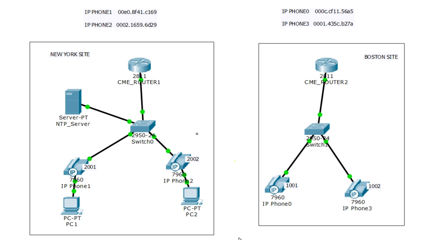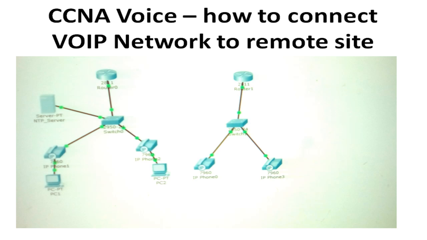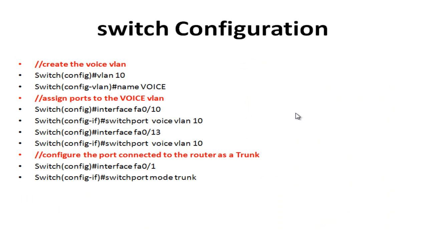Let's go to the presentation so I can show you the configuration on the Boston site. I'm not going to go through the configuration, I'm just going to show you what I put in for the Boston site, I mean the remote site. First of all, we're going to start with the switch configuration.